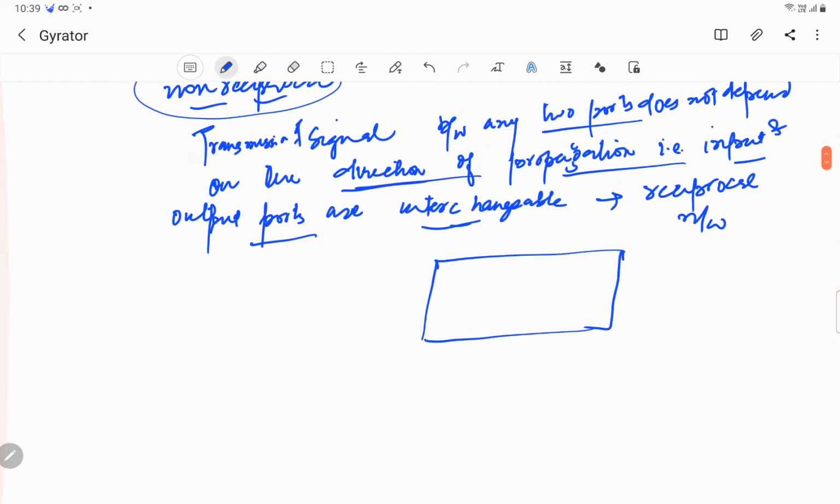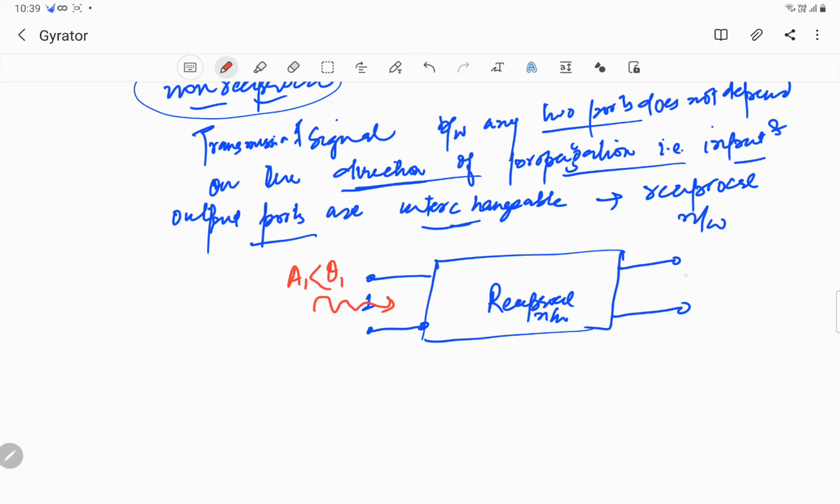Say, for example, I have a reciprocal network. This is port 1, this is port 2. If I feed a signal at port 1 with amplitude A1 and phase theta 1, I receive a signal with amplitude A2 and phase theta 1 plus phi.